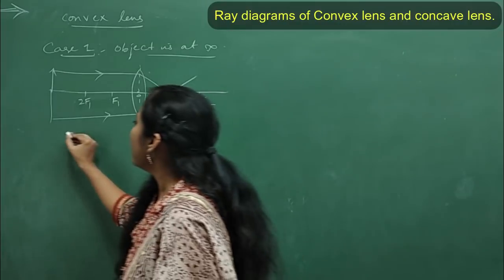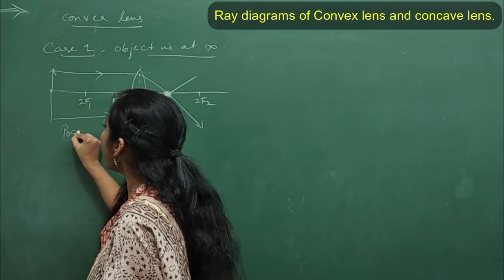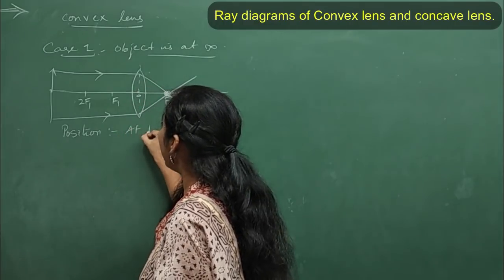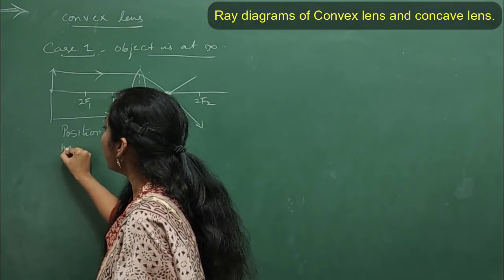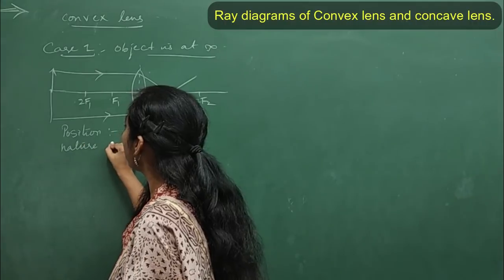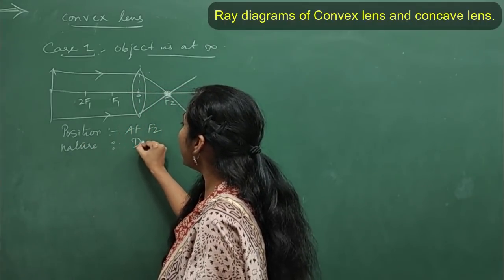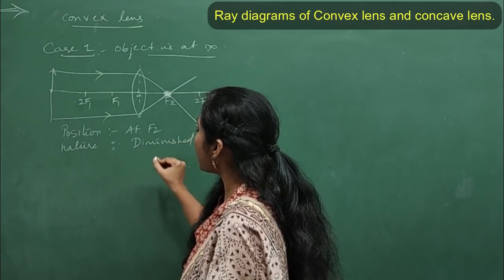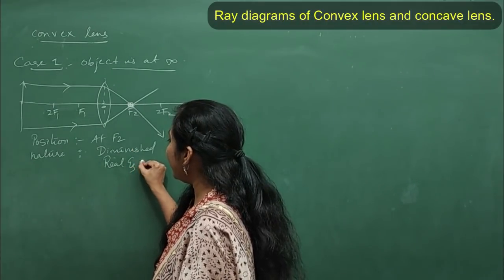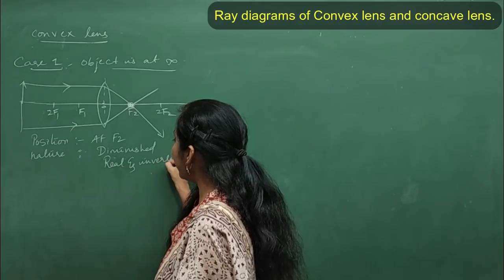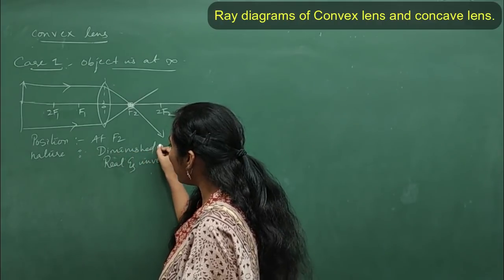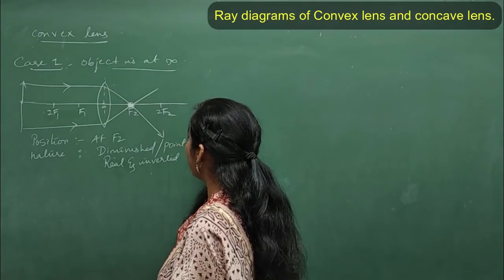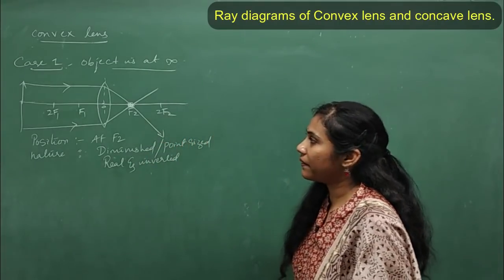Here they will ask you the position of image. Position is what? At f2. And they'll ask you nature of image. Nature is what? Highly diminished, and it is real and inverted image you will get, and it is diminished, or you can say it is point sized. Okay, so this is our case 1, right?